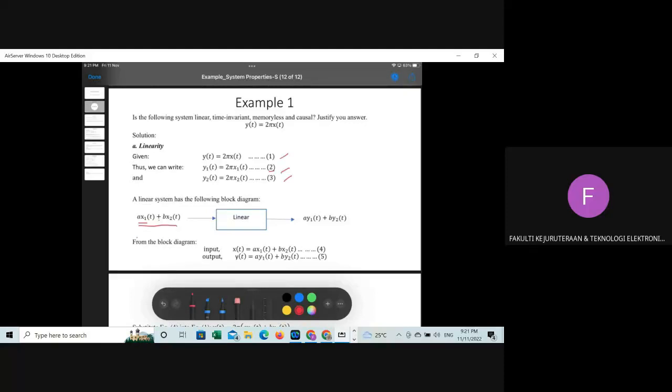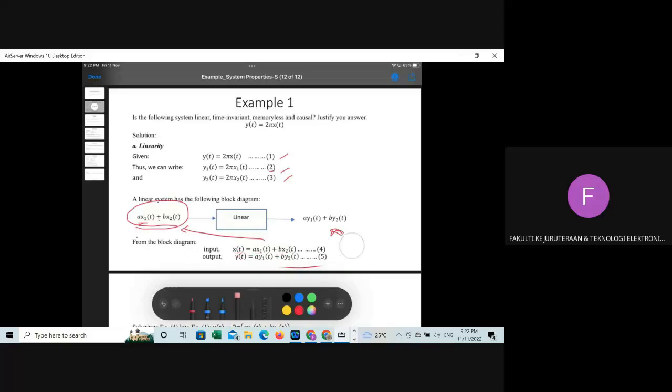If you have a linear system, the input is a x1(t) plus b x2(t), and the output from the system is a y1(t) plus b y2(t). The input I can write as x(t) equals a x1(t) plus b x2(t), which I take from here, and the output y(t) from here. That gives your fourth and fifth equations.